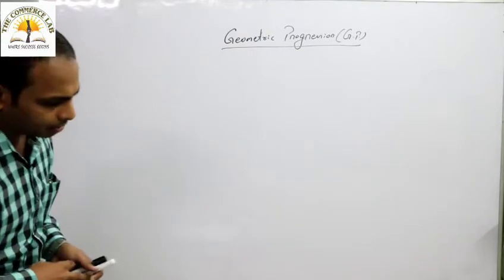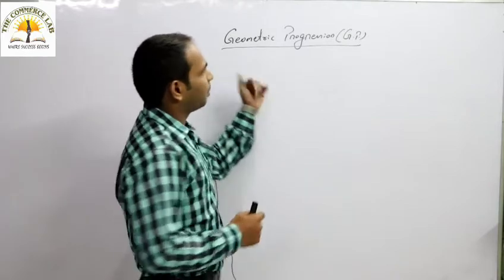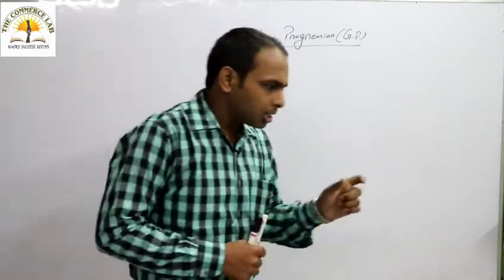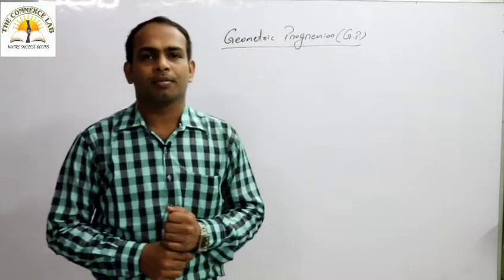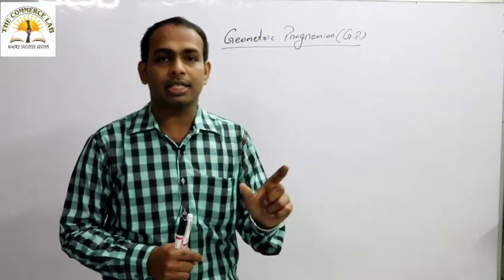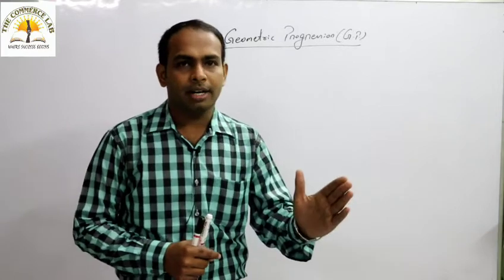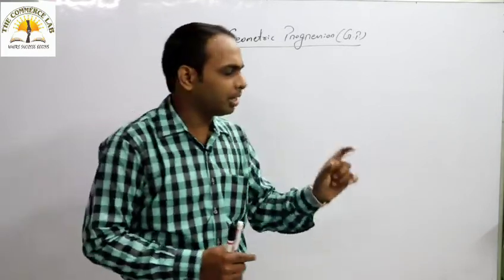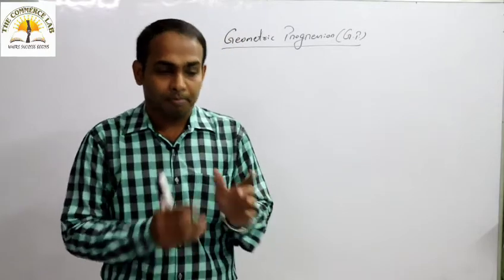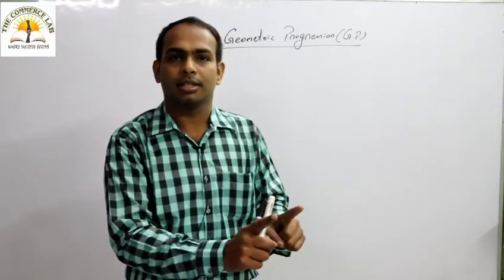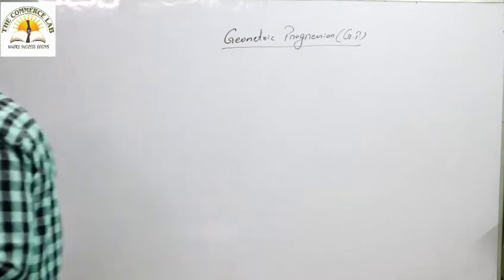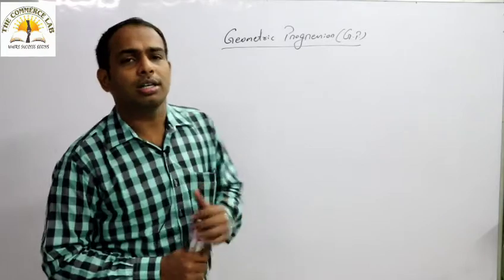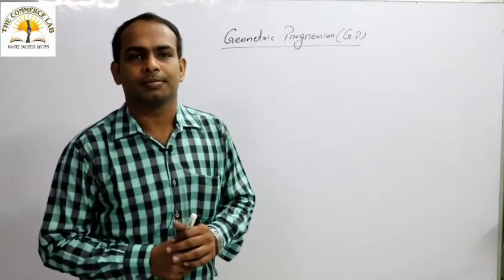So what do you mean by GP? If certain quantities are multiplied or divided by the same constant, then that series is called geometric progression.